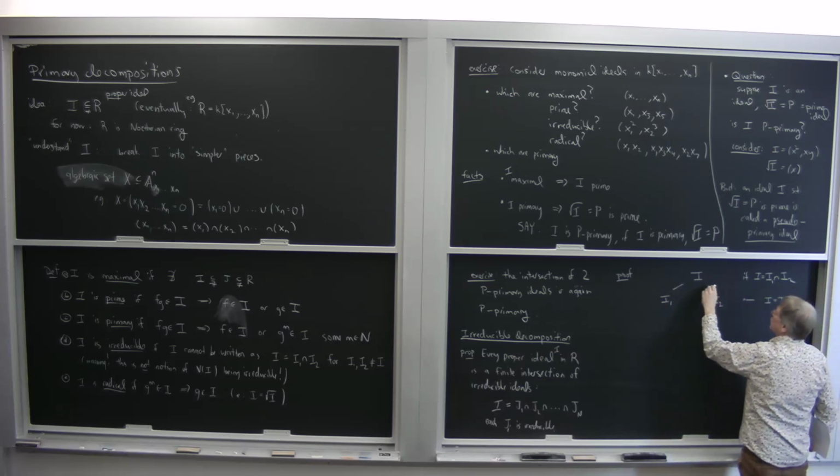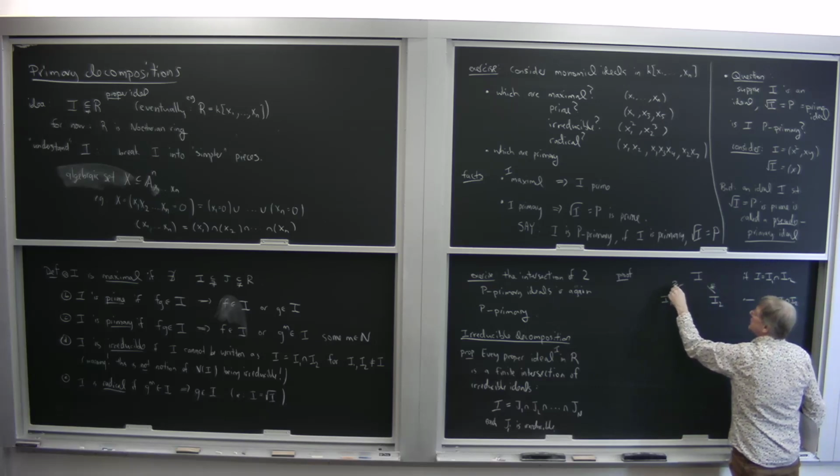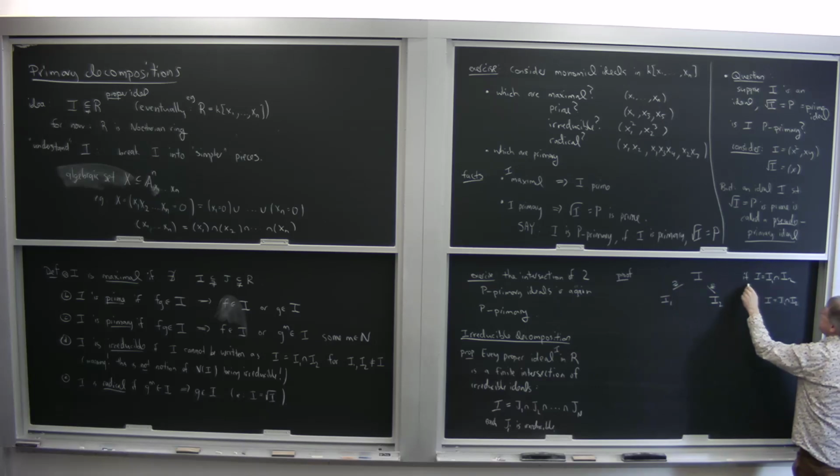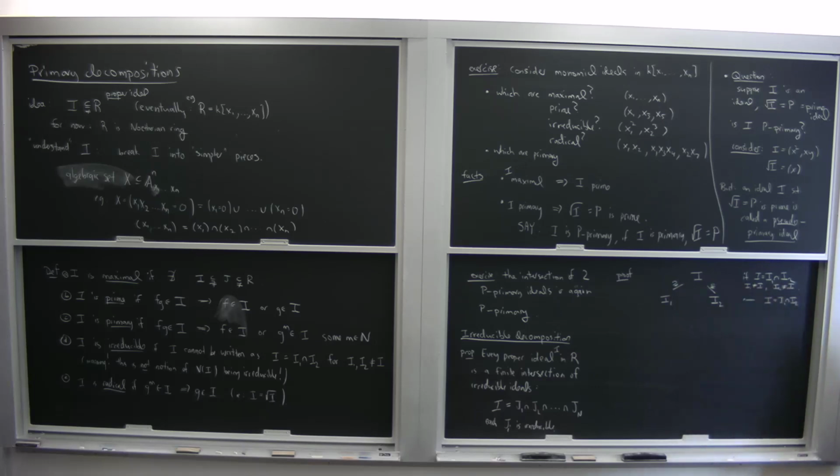And actually, these are not equal. So this is contained in here, but not equal. This is contained in here, but not equal. Does that make sense? So I1 is not equal to I, and I2 is not equal to I. Okay. So if I is not irreducible, we can break it up into these two larger ones.